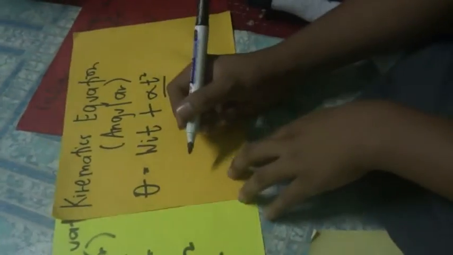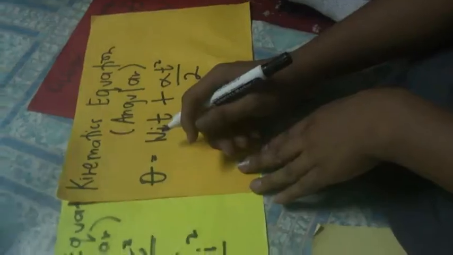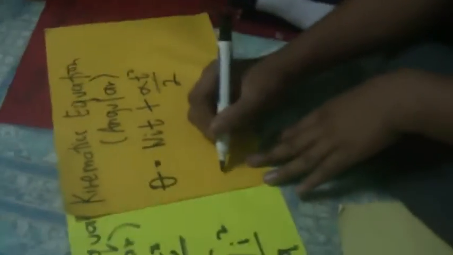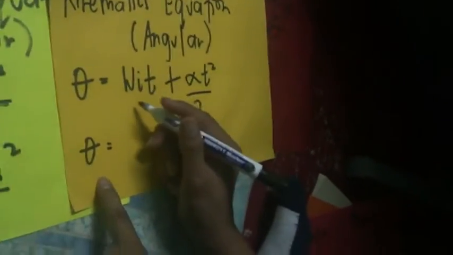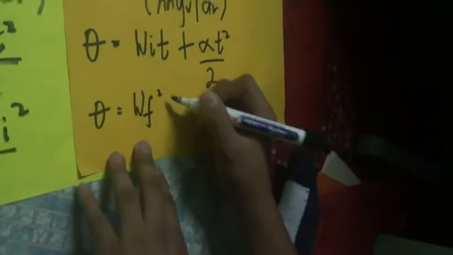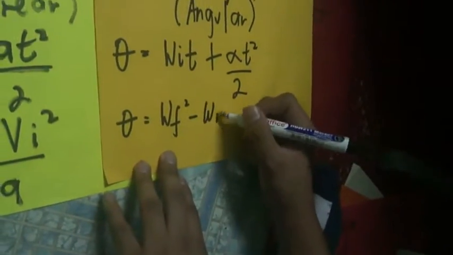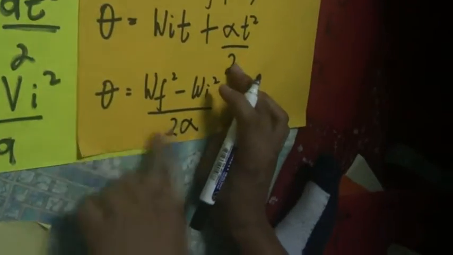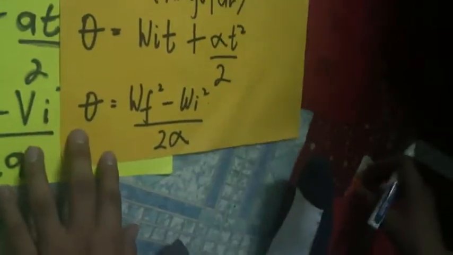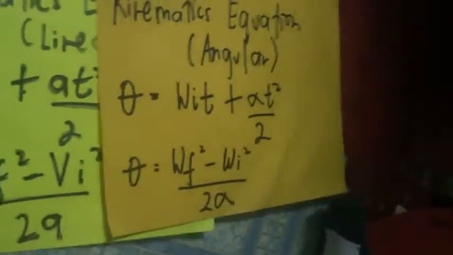For our second, just substitute like that. So d is equal to theta, and vf squared minus vi squared over 2 times acceleration becomes wf squared minus wi squared over 2 times angular acceleration. It's just the same.